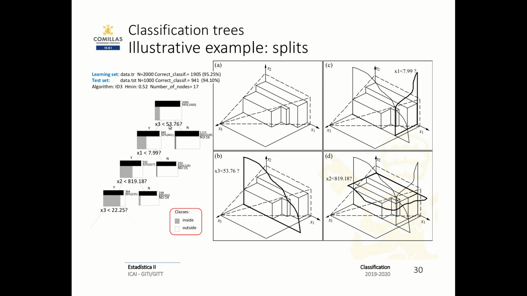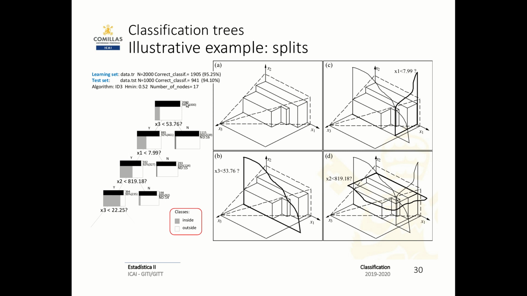You see x3 is smaller than something, x1 is smaller than something, and none of the splits is related to x4, because x4 doesn't play a role in the classification. It is just a random noise variable. In this representation we are given how many samples we have for the training.